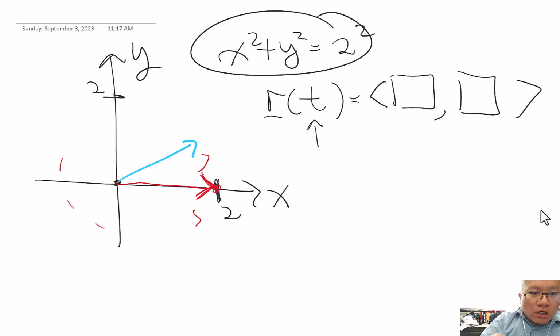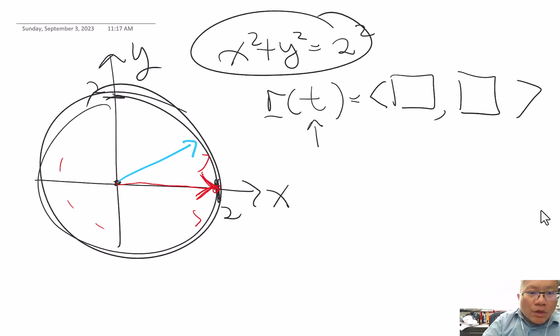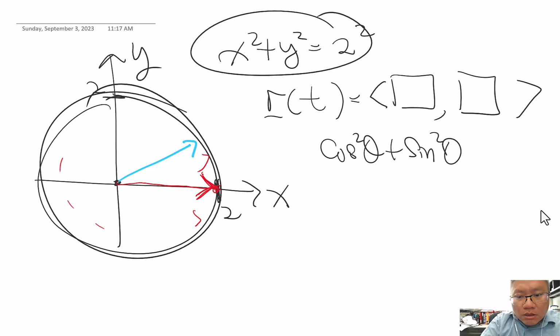In order to do that, we will have to remember one of the very important equations, which is that cosine squared theta plus sine squared theta is equal to 1. Everybody knows that. This is true for all theta. That's the reason why sometimes old books write this as an identity.